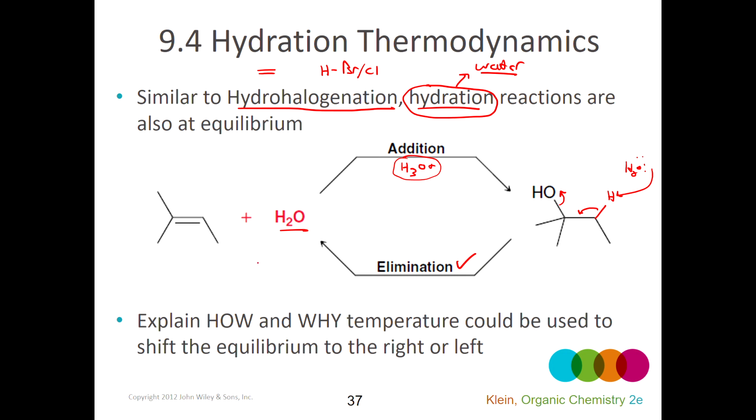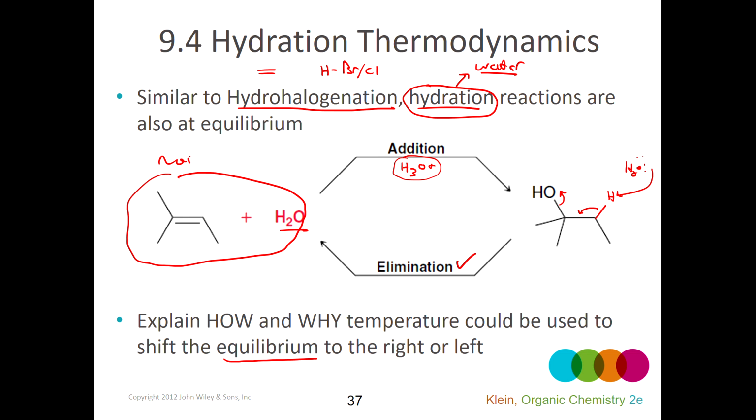When we learned that reaction, we said it can go both ways. So now we have the ability to look at the mechanism in both directions, and we can also look at the thermodynamics here and make sure we understand how to shift the equilibrium. So we already talked earlier about how the entropy term here favors the elimination side. Right?